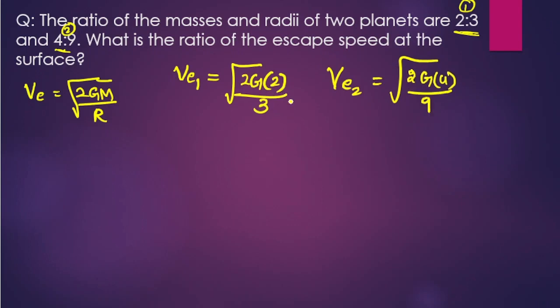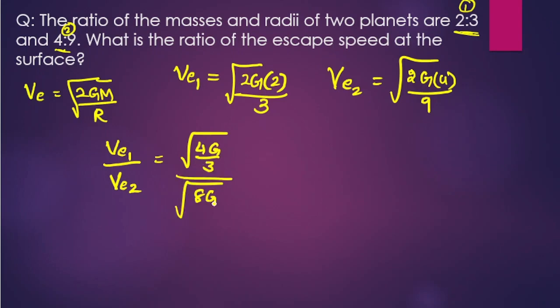Now, what we need is the ratio of the escape velocity, so VE1 by VE2. How would we get it? Square root of 2 2s are 4, so we get the square root of 4G by 3 divided by the square root of 8G by 9.